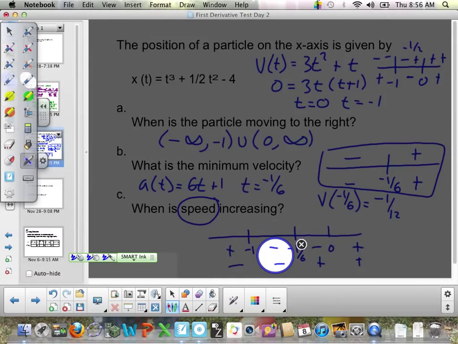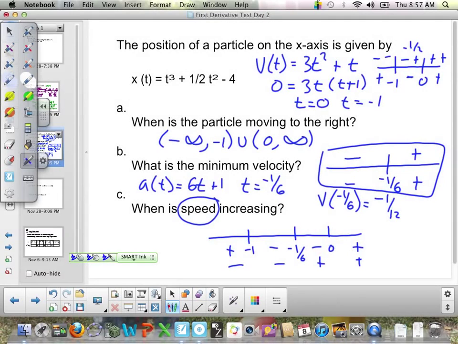So speed there is increasing because we're negative and getting more negative. All right? If we look here, again, our velocity is in the negative direction, but we're accelerating in the positive direction. So here we're negative, but we're getting less negative. So in this one, speed is decreasing. In the final interval, we're going in the positive direction, and we're getting more positive. That means speed is increasing.